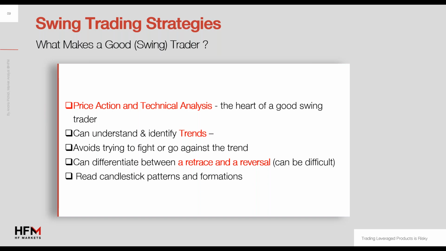Okay. So what makes a good swing trader? Having your system, a combination of price action with technical analysis. Identifying the trend is step number 1. Avoid opening positions that are against the trend. It doesn't mean that you can't do that.